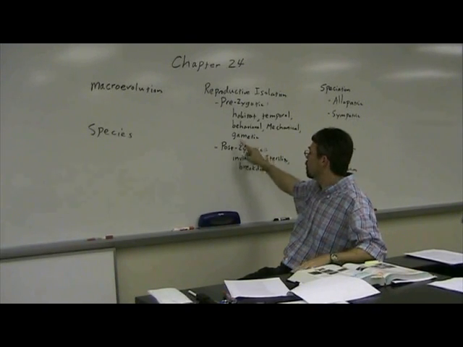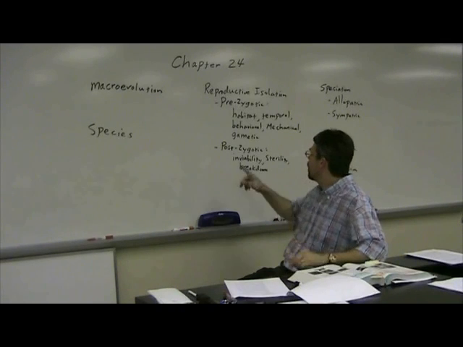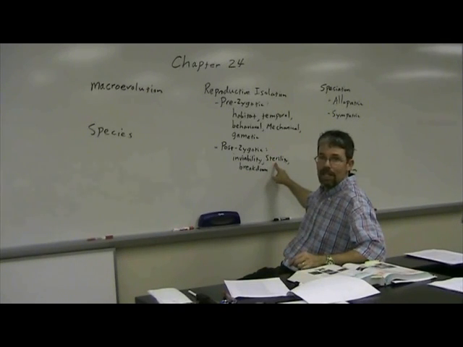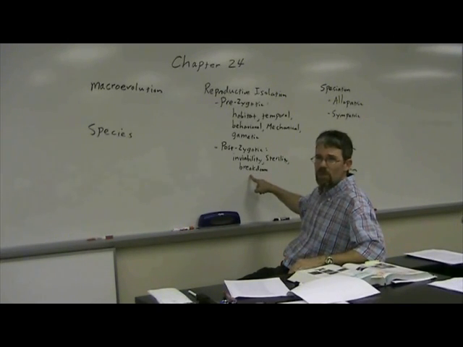Read over the examples. Postzygotic isolation mechanisms prevent hybrid success. There are three. There's hybrid inviability, meaning that the hybrid either dies or is frail. Hybrid sterility, meaning that the hybrid could be healthy but cannot produce gametes. Or hybrid breakdown, which means that if a hybrid is viable and fertile but tries to interbreed with either parental species or with each other, it leads to a breakdown in that generation.